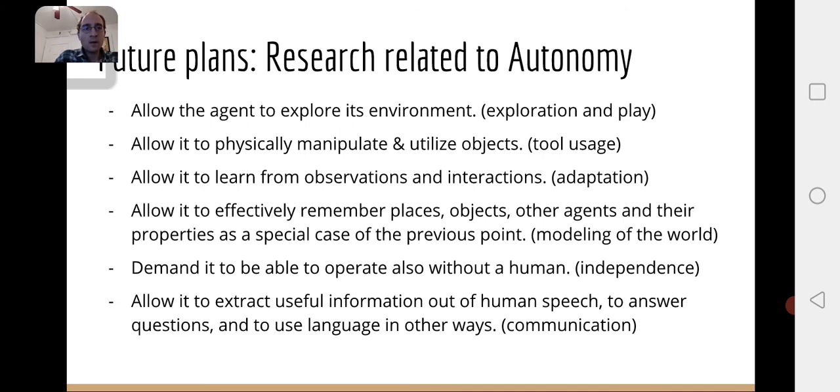Additionally, it should be able to physically manipulate and utilize objects, which is a form of tool usage, which I have shown so far with this bottle collect mission, but this is just the first step. I want to do more in this direction.